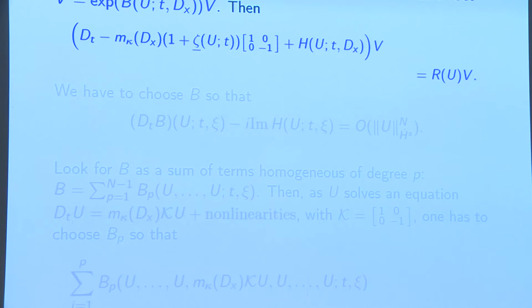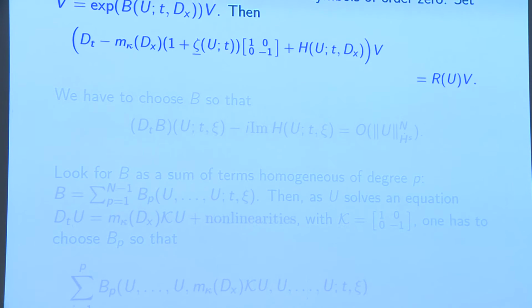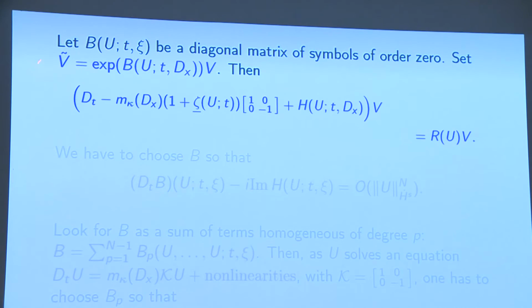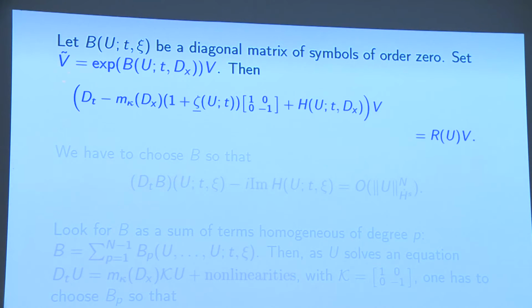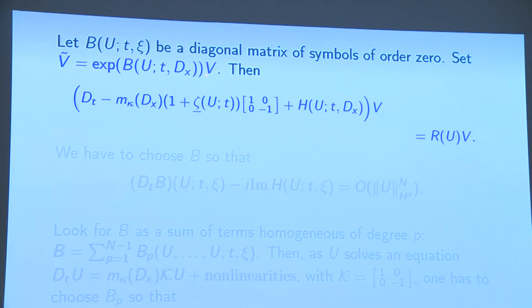So to explain this, let me call B of U, xi some diagonal matrix of symbols over the 0 to be determined. And let me look for, again, a new variable, a new unknown, v tilde, given by the exponential of b of u, t, dx acting on v.